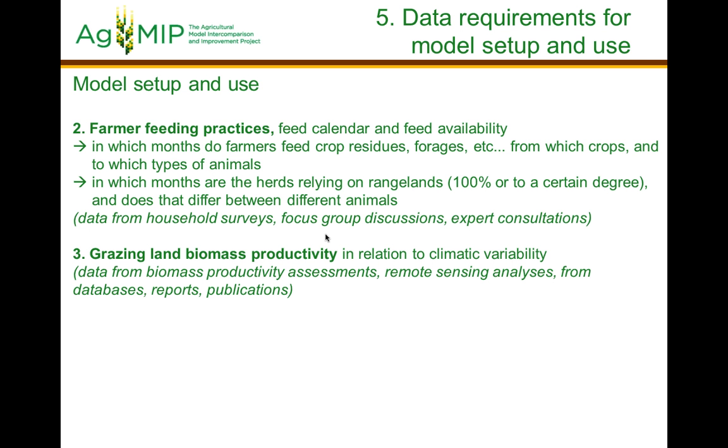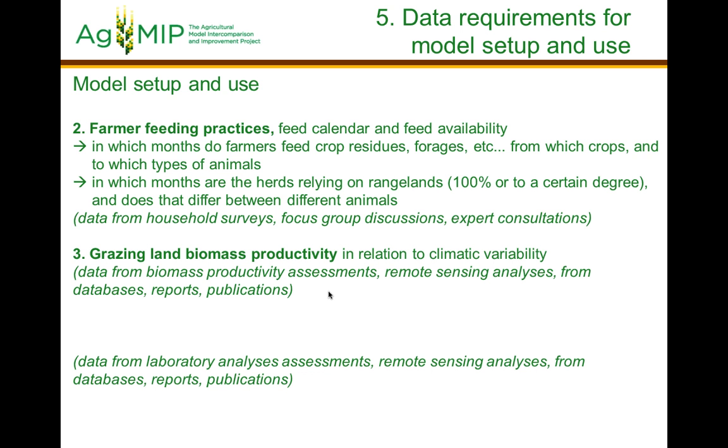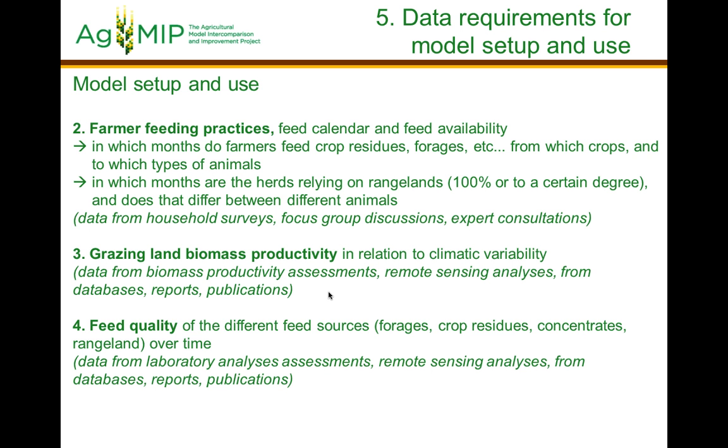So this is data that can come from household surveys, from focus group discussions, but also, if you don't have data from surveys, let's say, you could also consult experts, people who know a lot about the farming systems in your region, and they could also probably provide you with information on that.